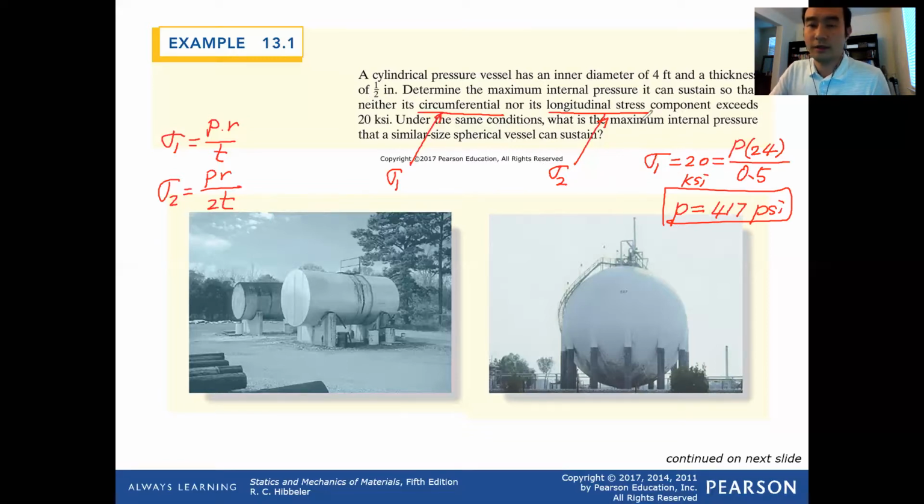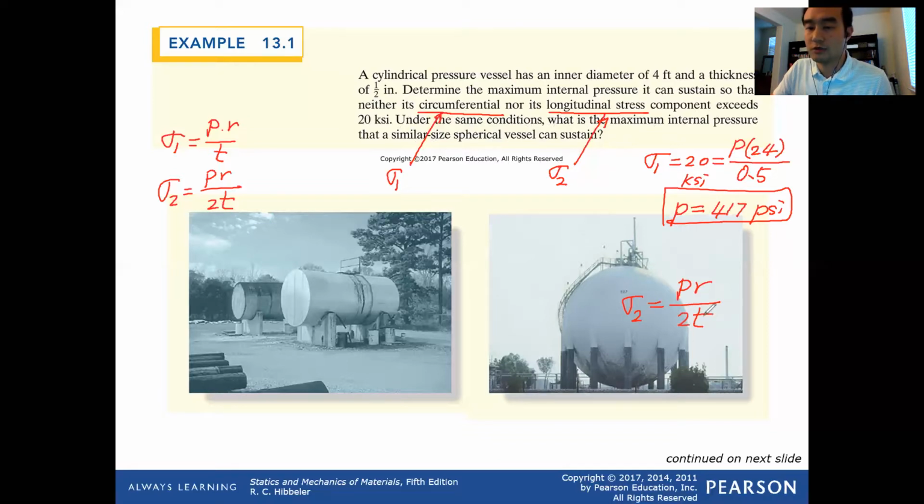Okay, and now the second part of the question. Under the same conditions, what is the maximum internal pressure that a similar sized spherical vessel can sustain? That means we are going to keep using the same inner diameter, which is 4 feet, right? And sigma for this spherical vessel was equal to PR over 2T.